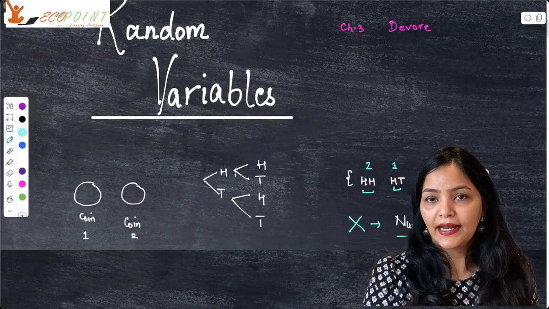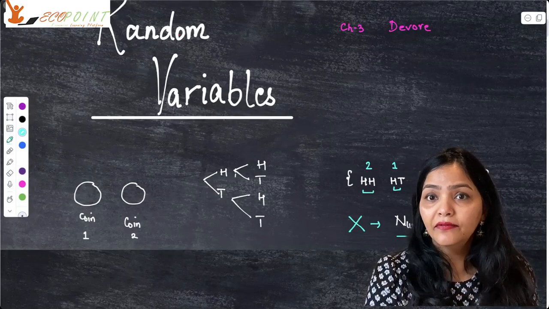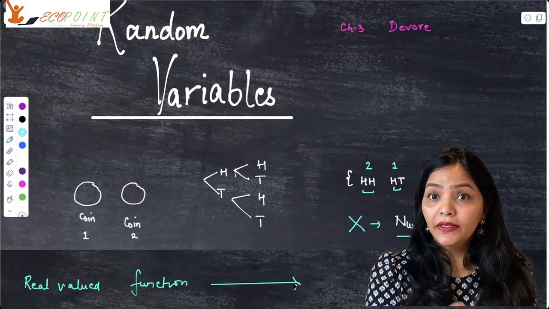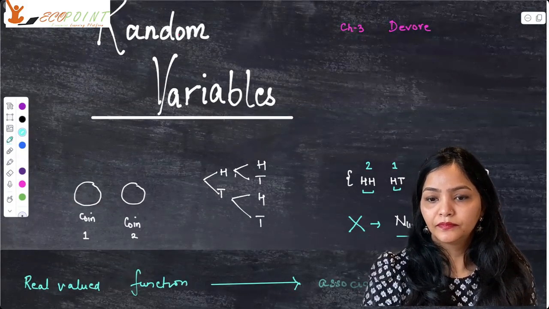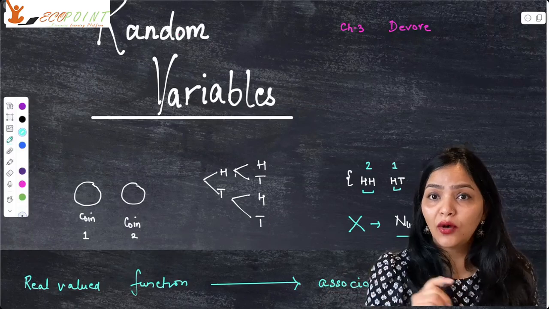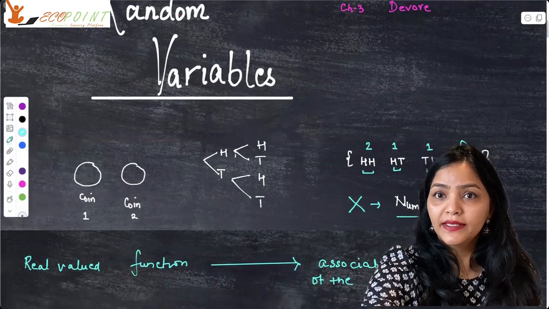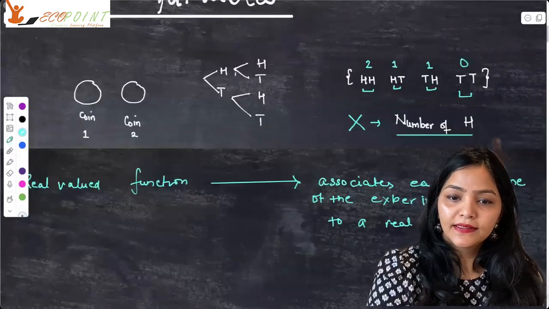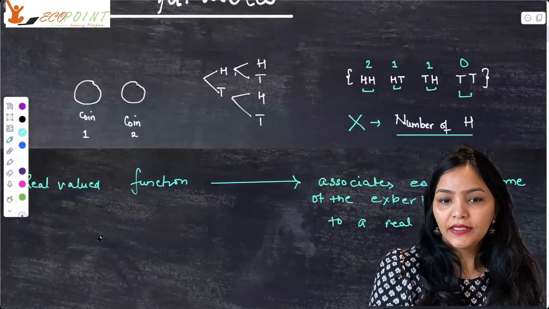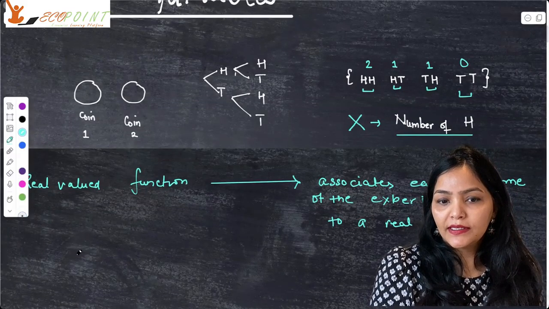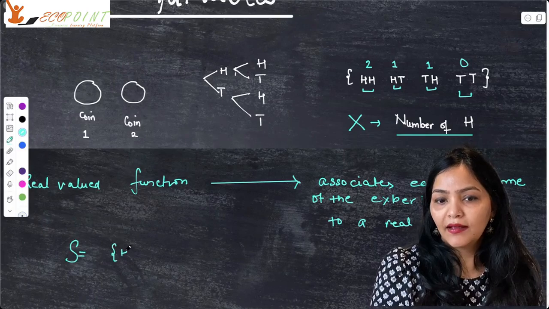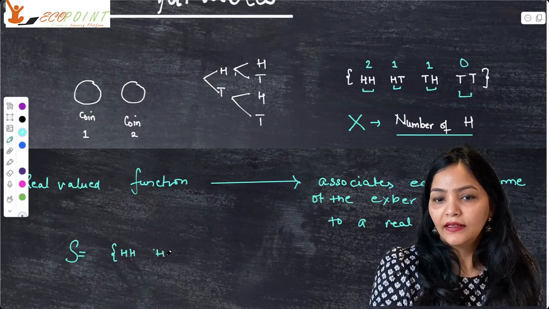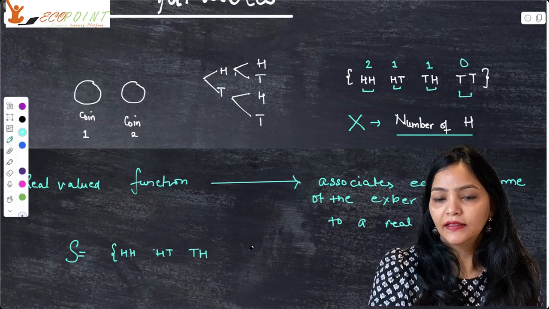So what is this random variable? A random variable is a real valued function that associates each outcome of the experiment to a real number. That is, what you can see here is your sample space S in this example: head head, head tail, tail head, tail tail.